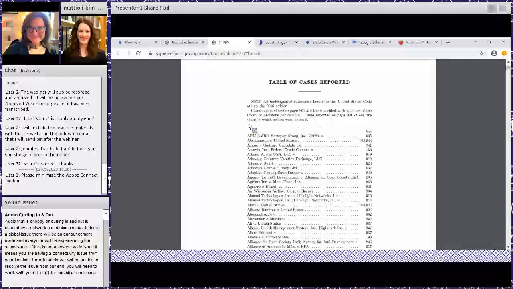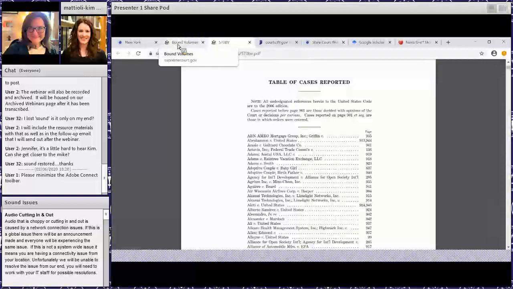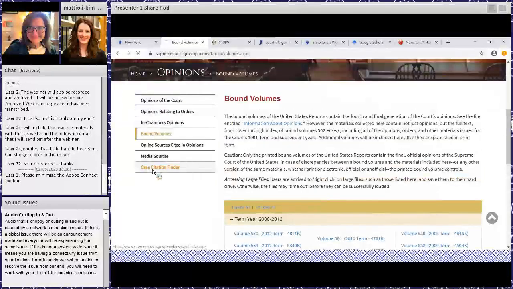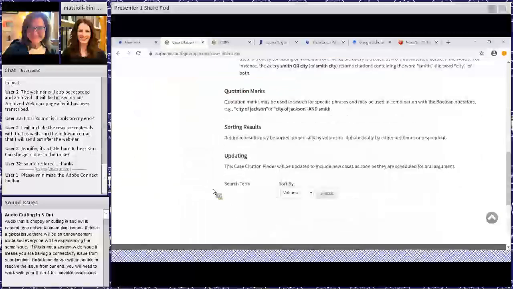So if you only have the name of a case, it can be a little tricky because you need the citation to figure out which volume you need to look in. The website has this thing called Case Citation Finder, where supposedly you can type in the name and it will give you the volume.